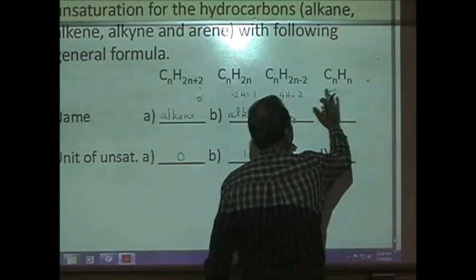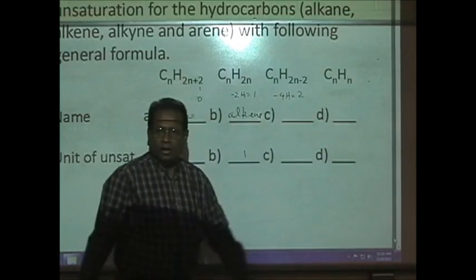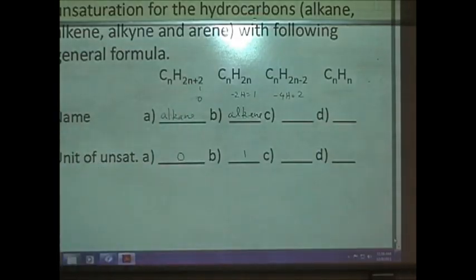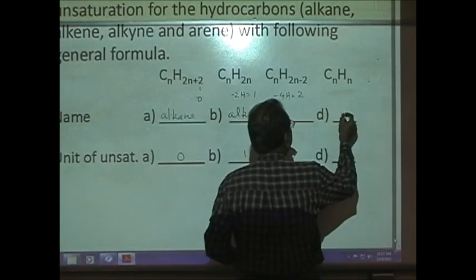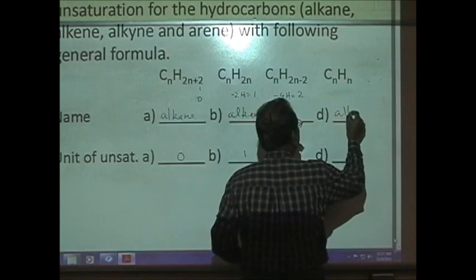This is a different case. You have to look at the formula. This is complicated. There are too many hydrogens. It cannot be generalized. This could be alkyne. This could be benzene. Therefore, you have to look at it. But somehow, this is like an alkyne.